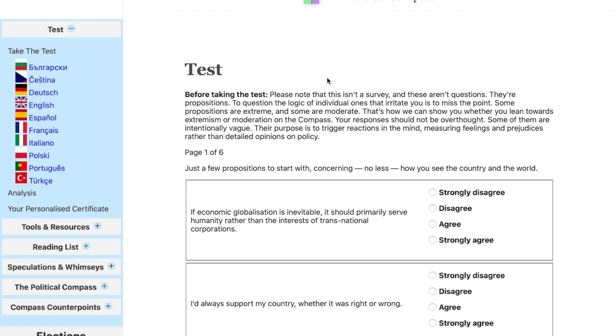basically the way this thing works is there are two axes. There's left and right, so from the far left to the far right, there's a spectrum there. There's also a y-axis that is authoritarian to libertarian. Authoritarian would be at the top, libertarian would be at the bottom.